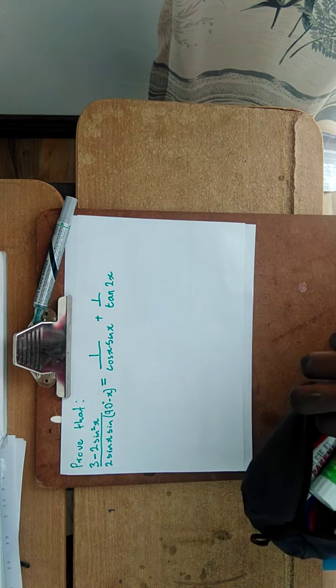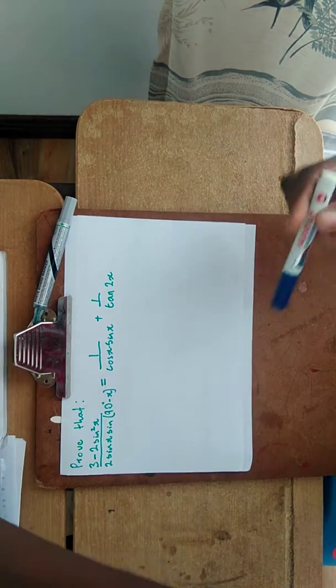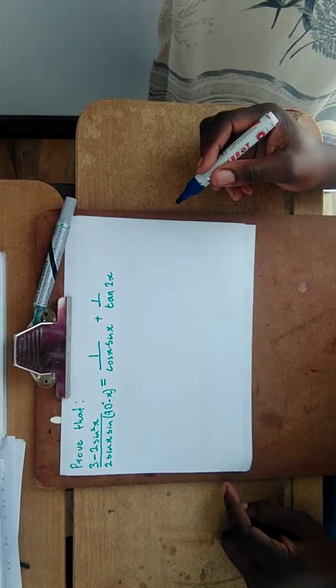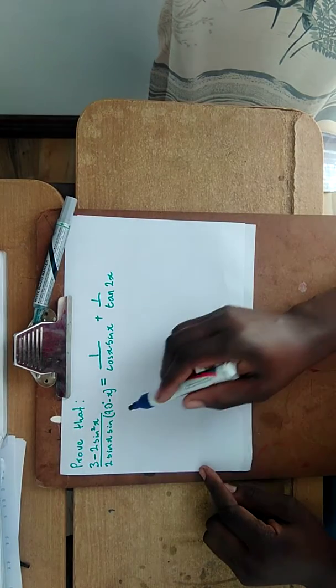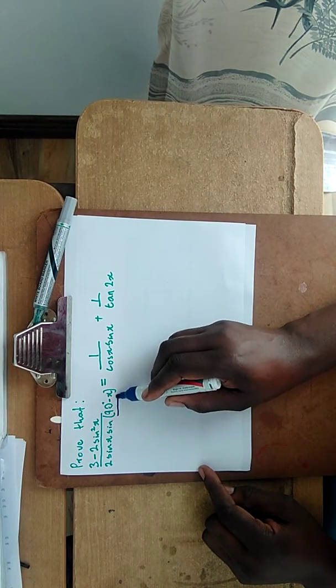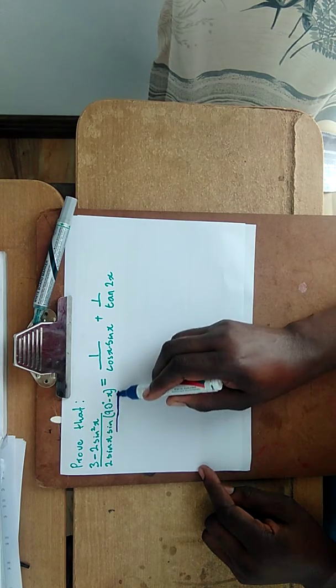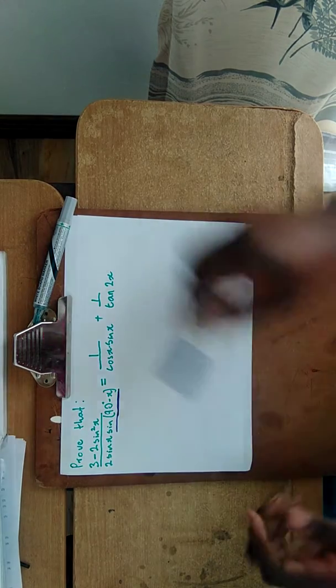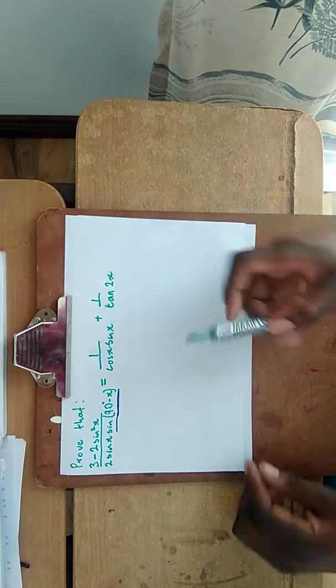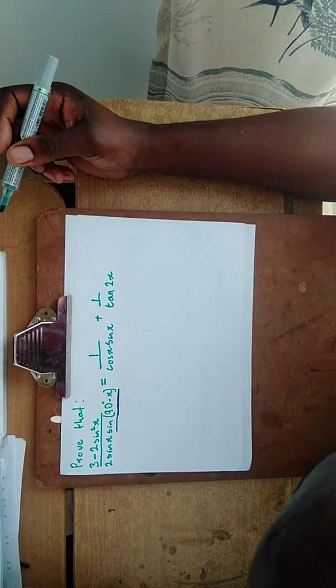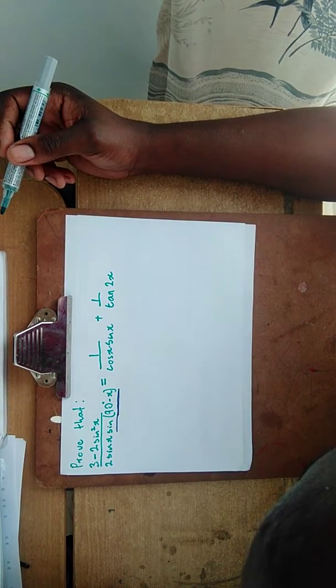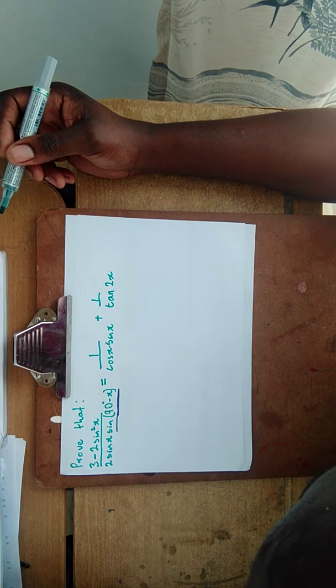So if you look at the question, from our left hand side, look at this. We have sine (90 minus x). And we know that sine (90 minus x) equals cos x.